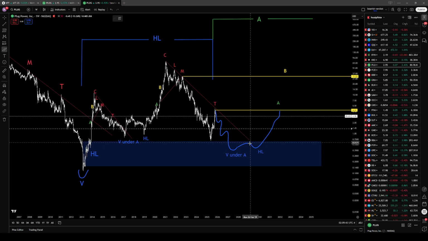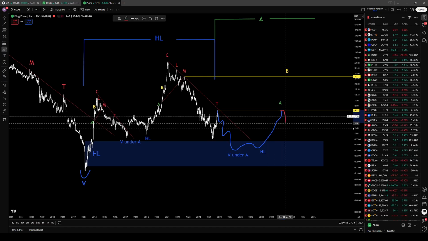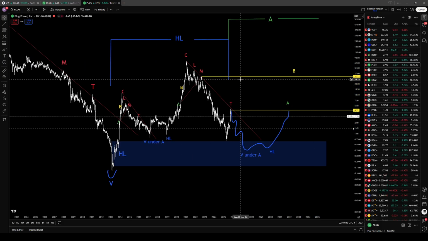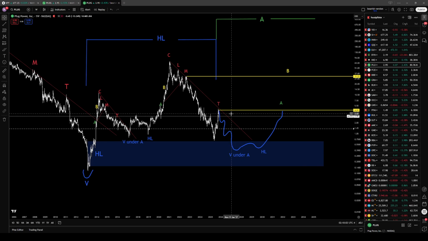And again, you're doing your V and A, your higher low, then you go up to your A. Here you get the A pullback. You're coming up to your B, then you do your 0.5 pullback, and then to your C. Time-wise, I would expect, if you're doing this till end of the year and early next year, we're getting the bull run.